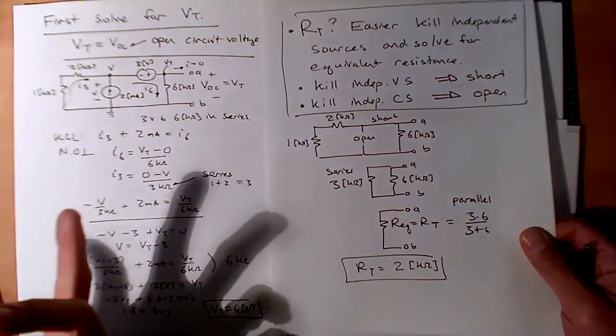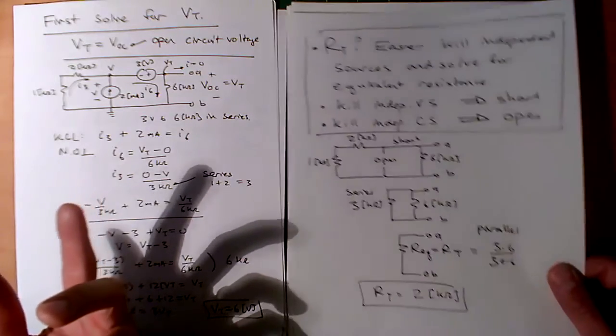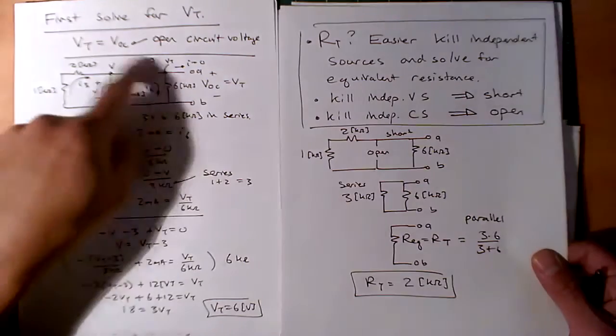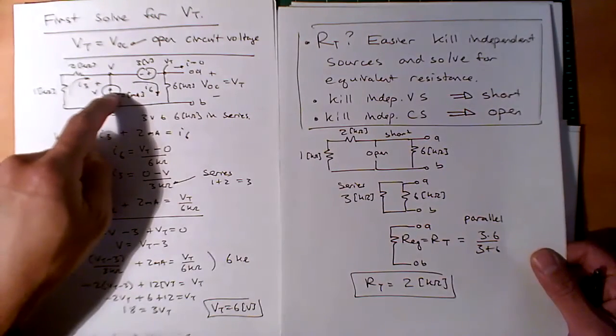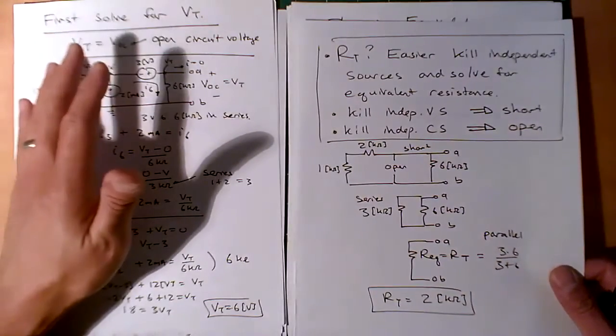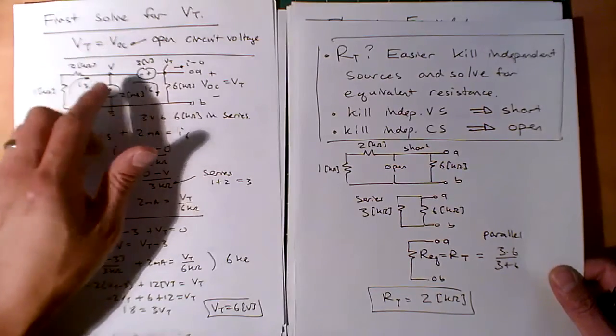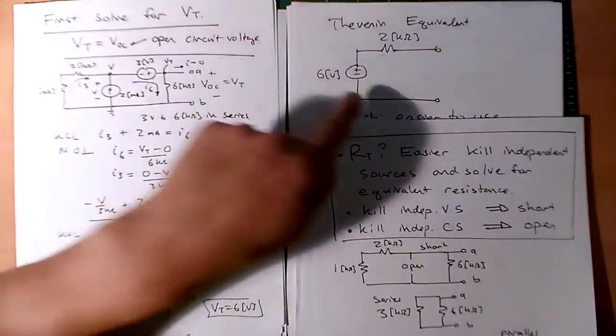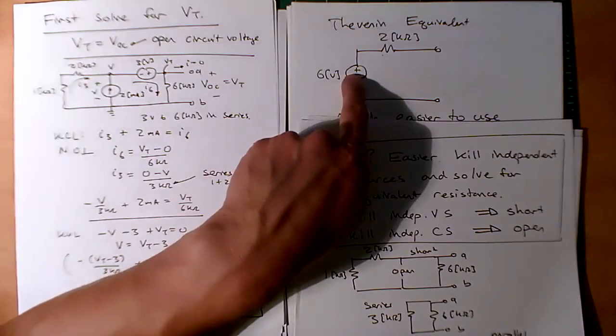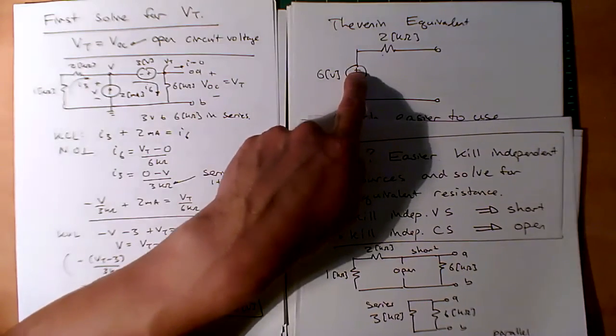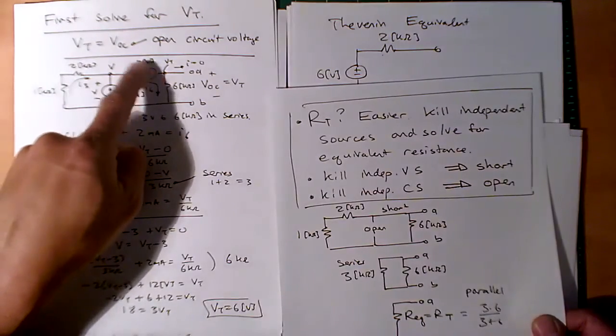Not too bad. Another thing to think about is, what if you had a complicated circuit but no sources? If you do a Thevenin voltage equivalent, would that result in a Thevenin equivalent where this is a 0 volt source? It sure would, because imagine if there were no sources here.